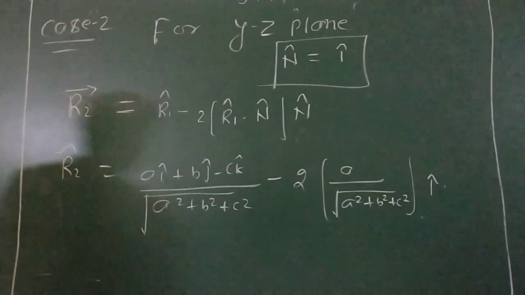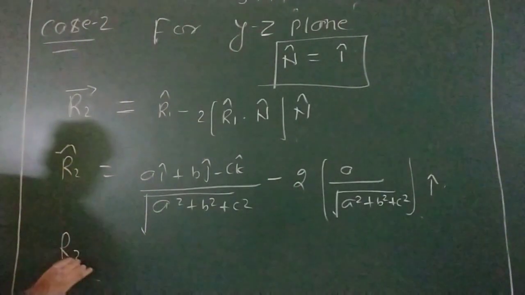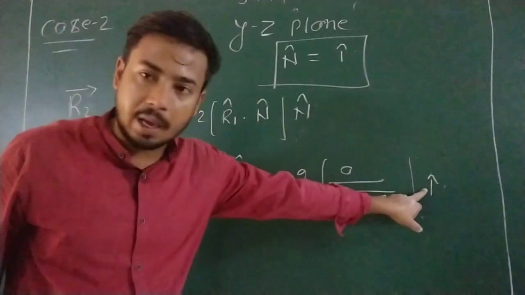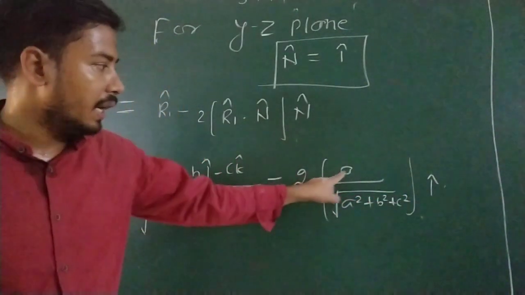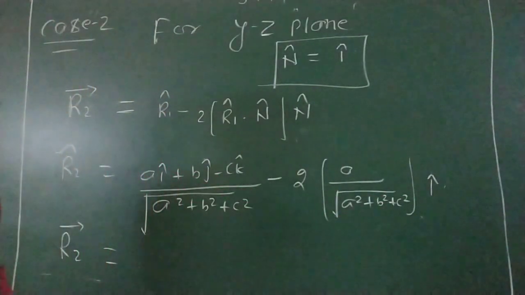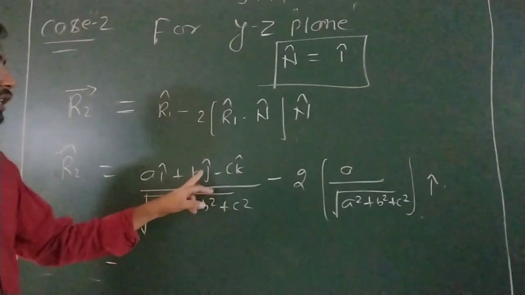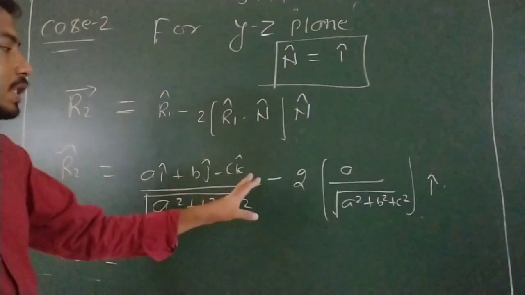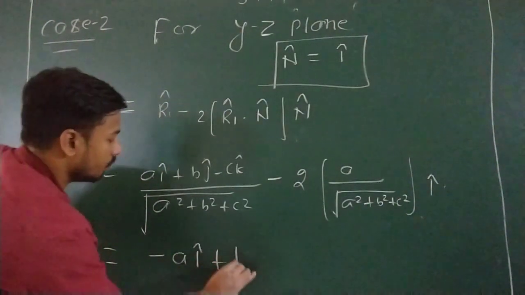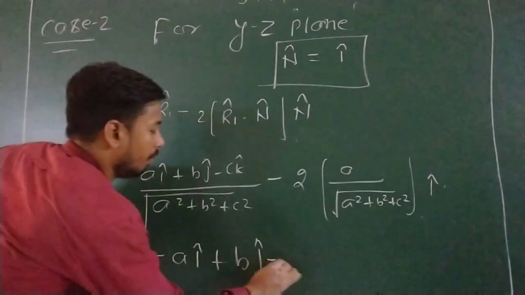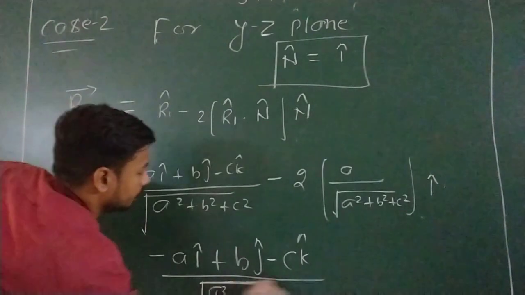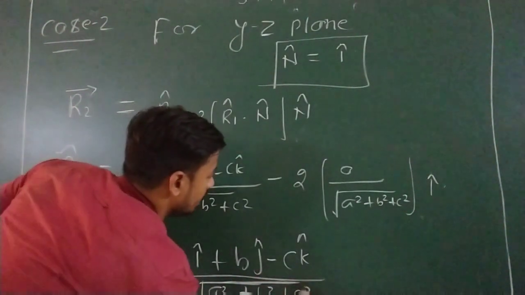Okay, so just solve this one. So R2 I am writing directly: this becomes 2A I cap divided under root A square plus B square plus C square, right? And here is also A I cap plus B J cap minus C K cap. When you solve this one, this result will come, my dear: minus A I cap plus B J cap minus C K cap divided by A square plus B square plus C square.